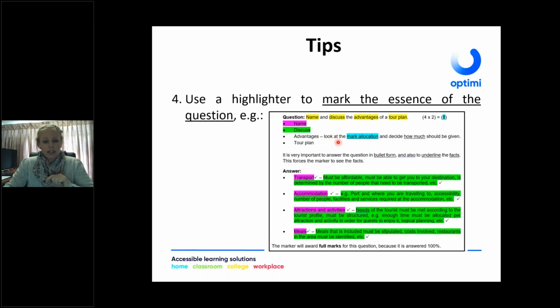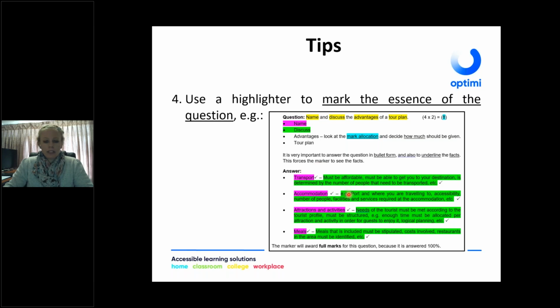So like I said, look at the mark allocation and decide how much information the examiner wants from you. And then make sure that you cover the correct topic. This question asks specifically about the tour plan. So make sure that you write down the advantages of a tour plan.